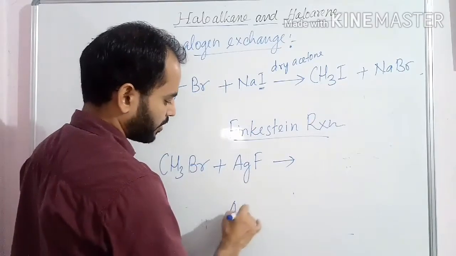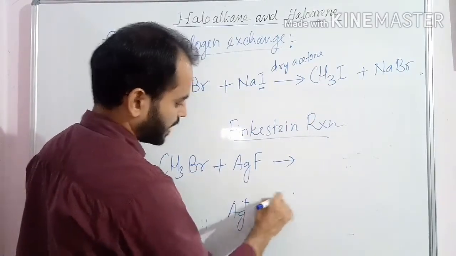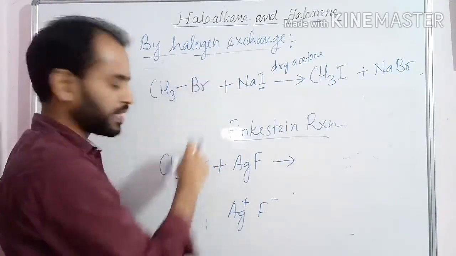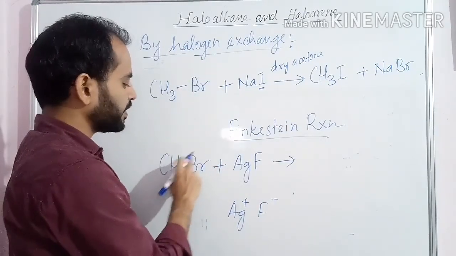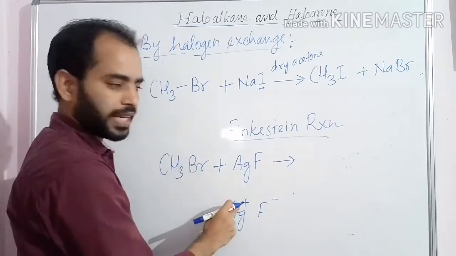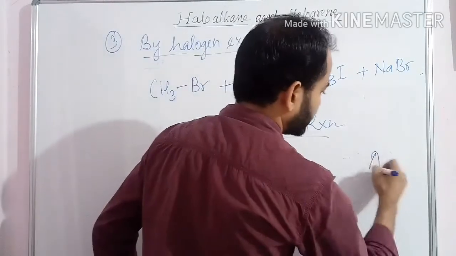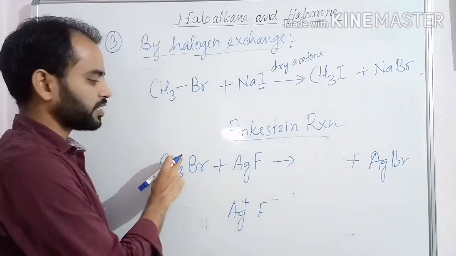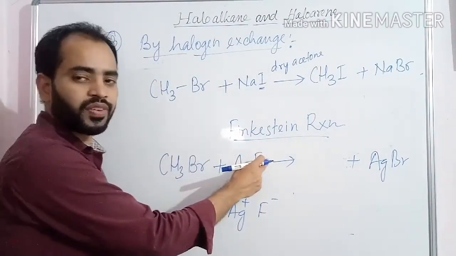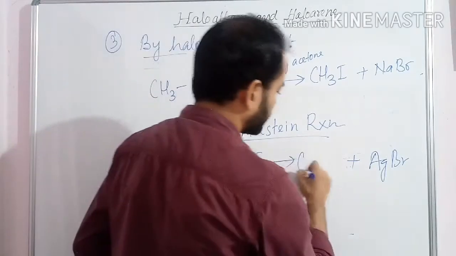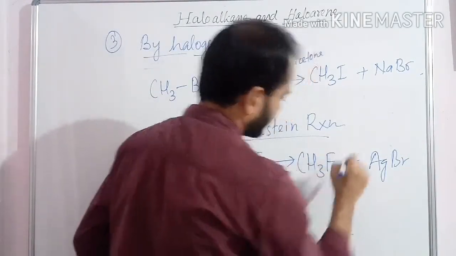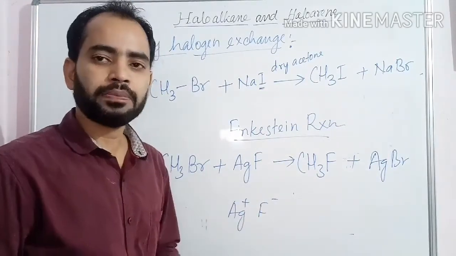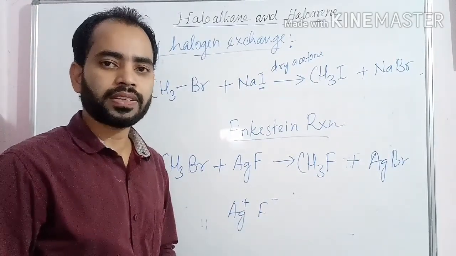This silver fluoride dissociates to form Ag positive and F negative. Similarly, just like the previous case, this Br negative is released and taken by Ag to form AgBr as byproduct, and CH3 positive takes the reactive fluoride ion to form methyl fluoride. So by this way we can prepare methyl fluoride.